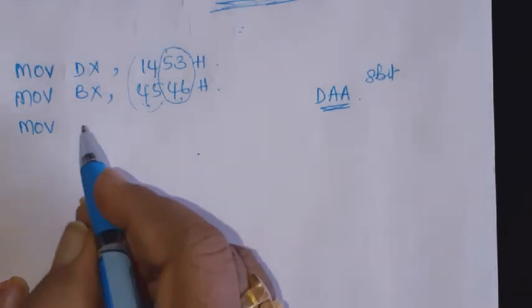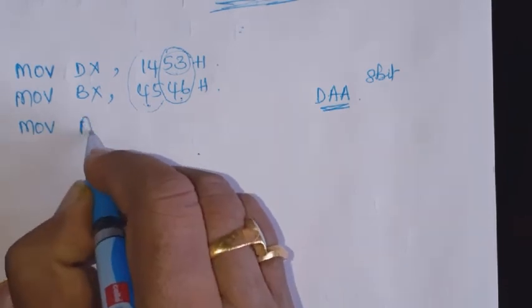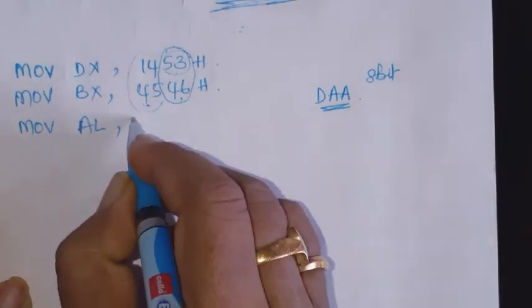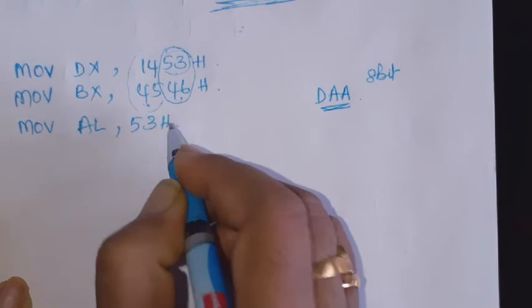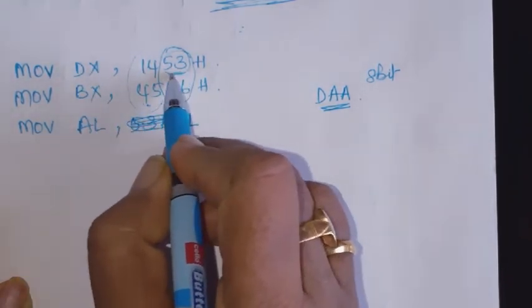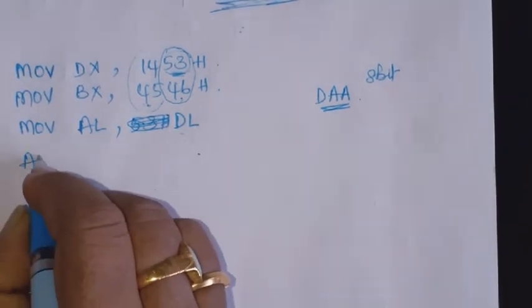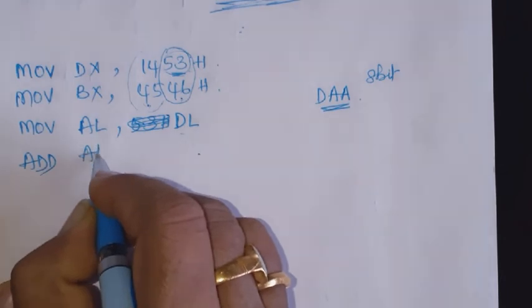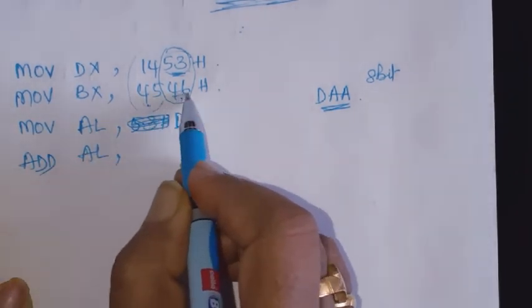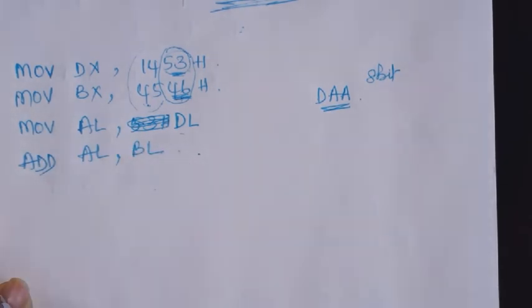So you take one number to the AL register. So move AL with 53H. Sorry, DL. This is there in the DL register, isn't it? Then add AL, and it should be added with BL.